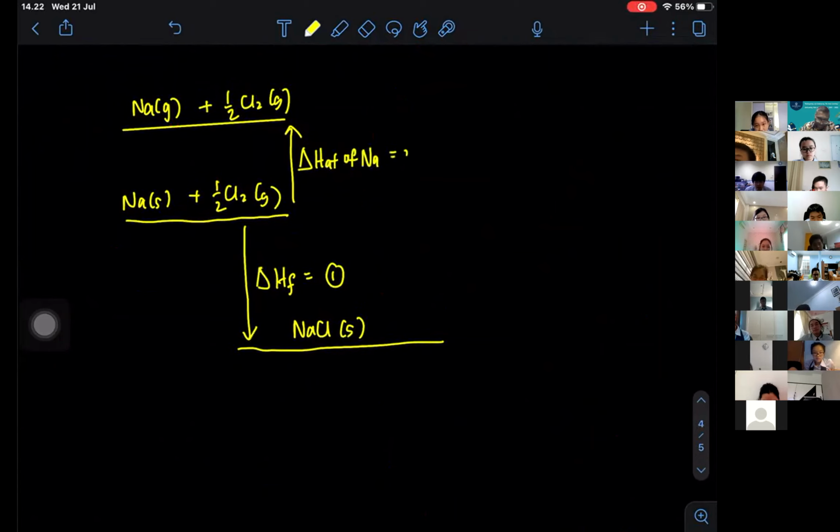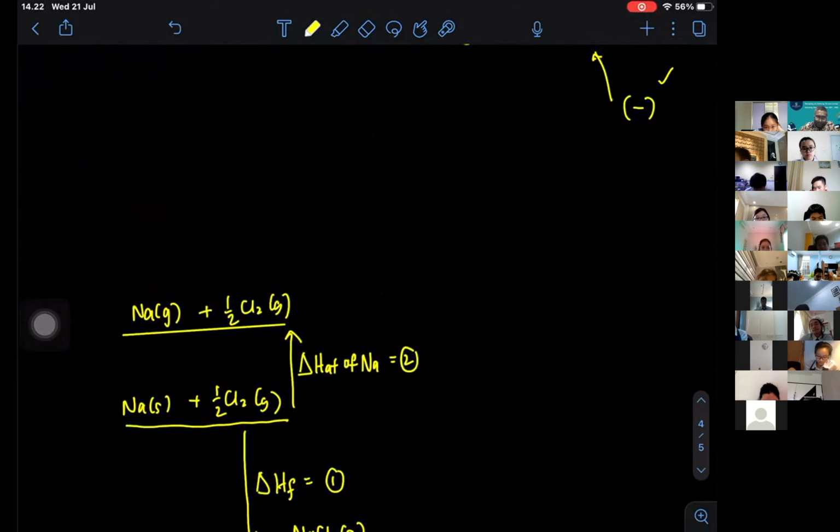I'm going to put it as 2. It is endothermic, that's why it's going up. Then leave it as it is. I'm going to change this Cl2 into atoms also, Cl gas, and I'm going to have Na gas.